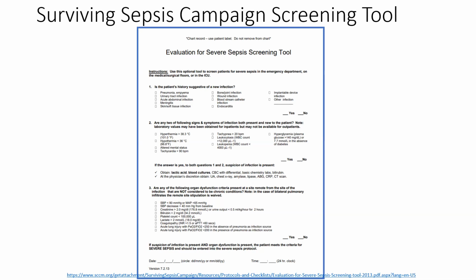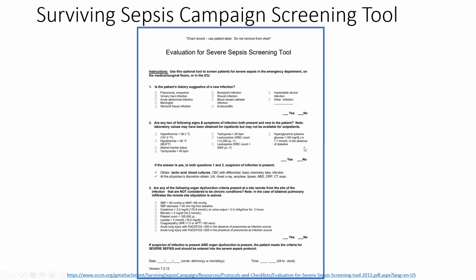There are numerous types. Each hospital creates their own bundle, but this is a great, easy way. This is what people normally implement, something similar to this, as their screening tool. As you can see, you're looking: do they have a reason for infection? Is there a suspected source? Do they have meningitis? Do they have a UTI? Do they have a wound? Are they diabetic?